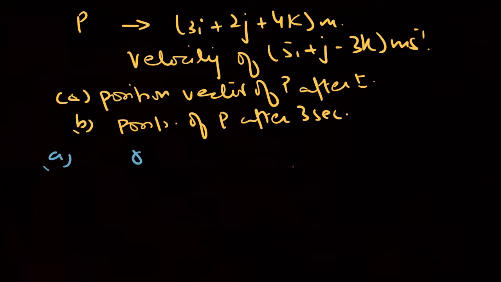Okay, so first part, r(t) is basically what? After t, it has the initial position and velocity.